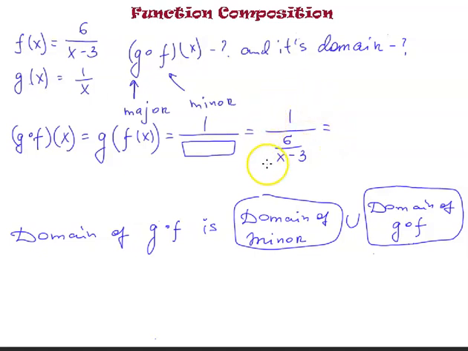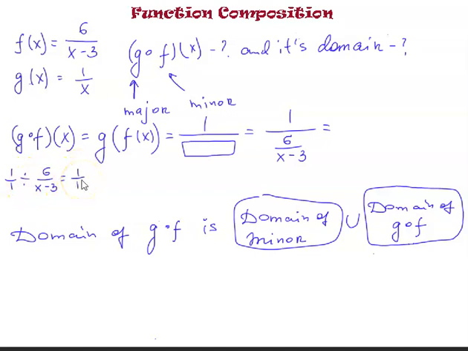I need to simplify this fraction. Remember that a fraction is the same thing as a division. I have 1 and I need to divide by this fraction. So that will be 1 over 1, divided by 6 over x minus 3. And how do we perform division of two functions?